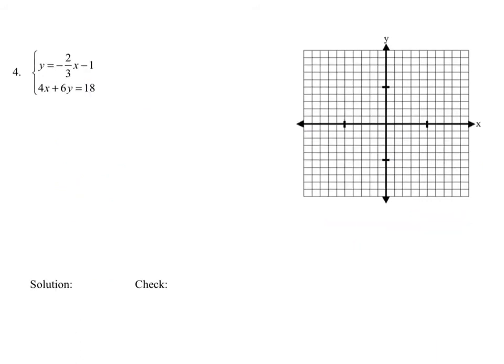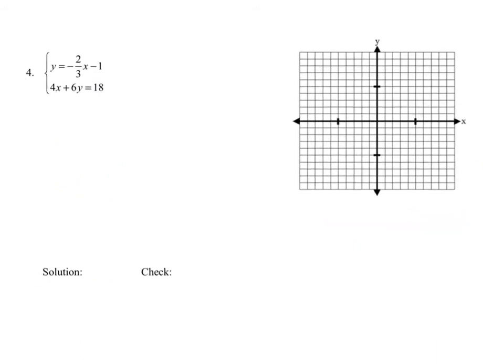Here's one last example where something slightly strange happens. The first equation is already in slope-intercept form. I'm going to solve for y in the second equation. I'm going to subtract 4x from both sides, and I get 6y equals -4x plus 18.